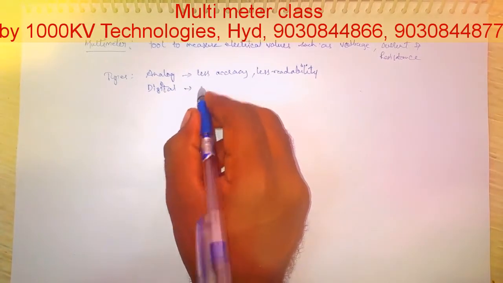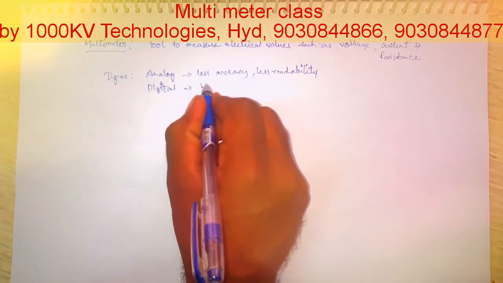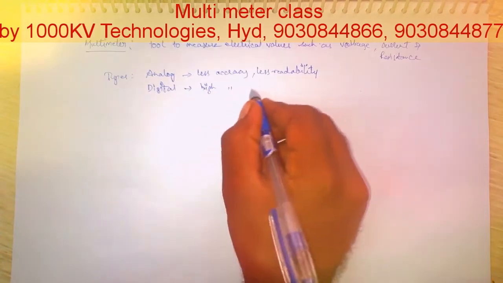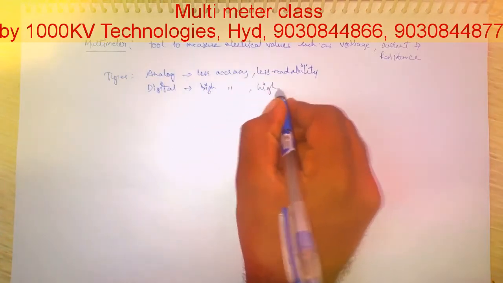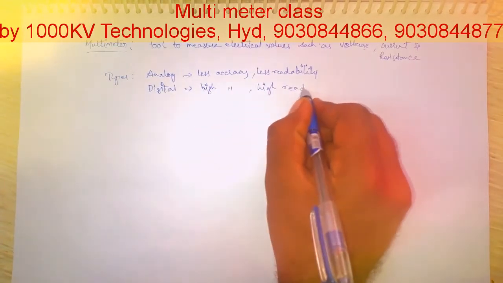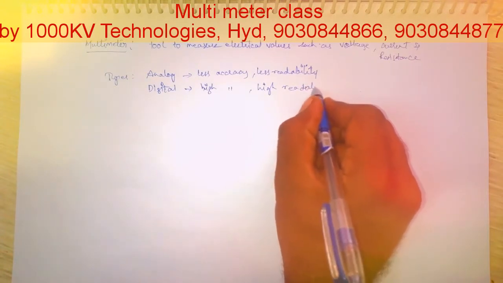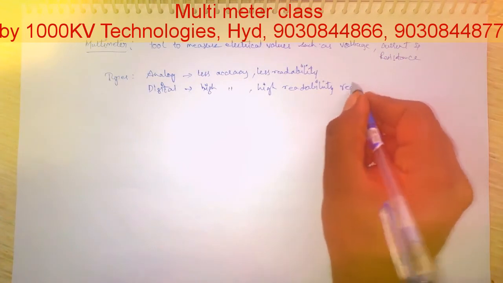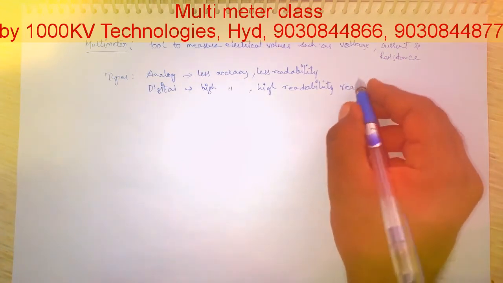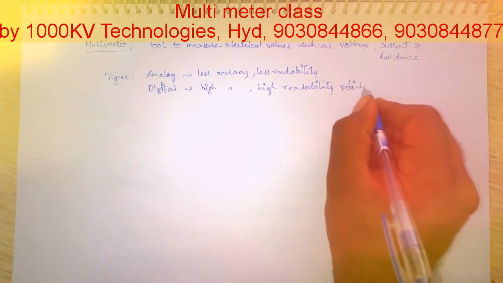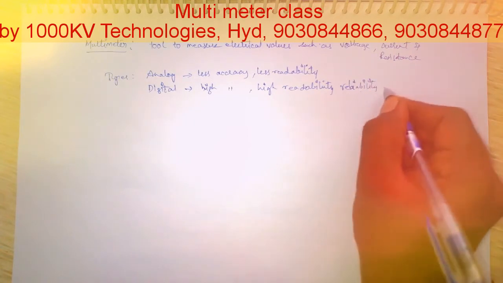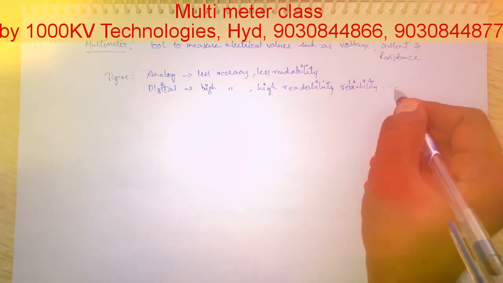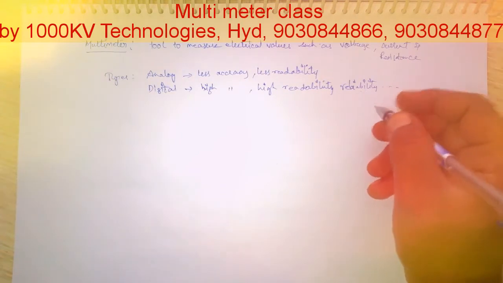And digital multimeters have high accuracy, high readability and reliability, and some advantages over analog multimeters.